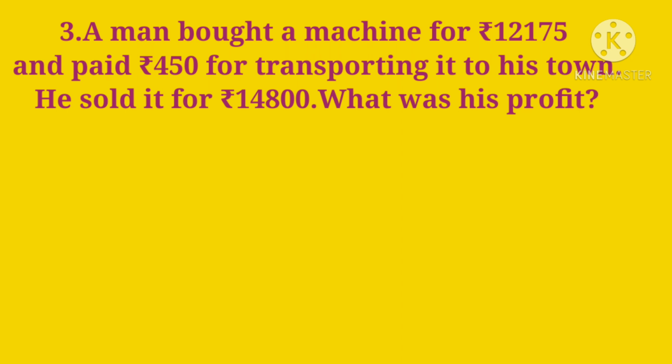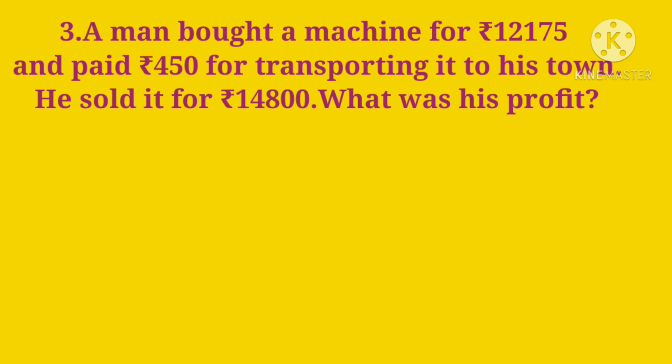Third question. A man bought a machine for rupees 12,175 and paid rupees 450 for transporting it to his town. He sold it for rupees 14,800. What was his profit? In the given question, the money he paid for transporting is the overhead charge.